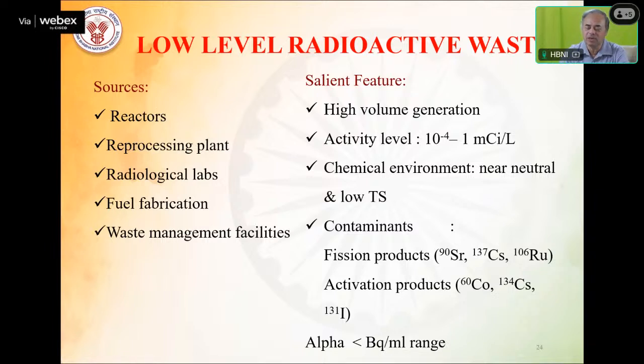So that could be fission products like strontium, cesium, ruthenium, or activation products like gold, cobalt, and so on. And it may contain alpha also, which is very negligible, less than 1 becquerel per milliliter. But these kinds of contaminants may be present in the low level liquid waste.